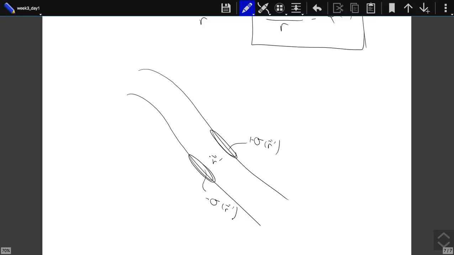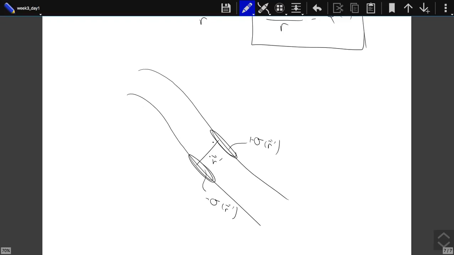Of course, those two points are different points. In fact, you should be using this sigma not at R prime, but at a different point. But we will eventually take the limit of infinitely thin sheets, and when we do, all those points will be the same point, R prime. So that's why I just denote them as R prime.